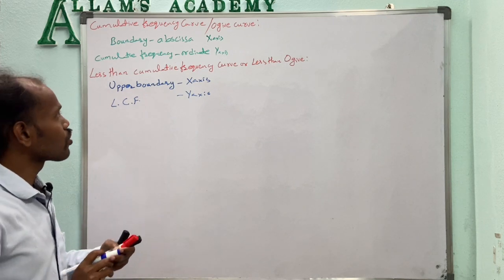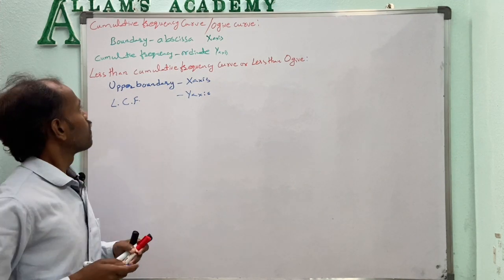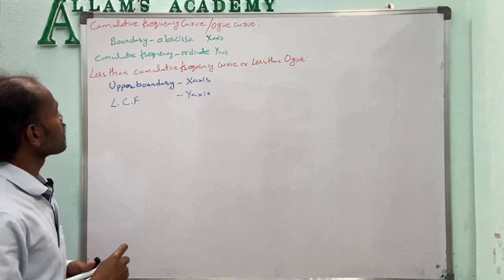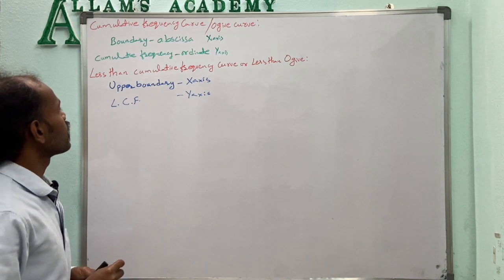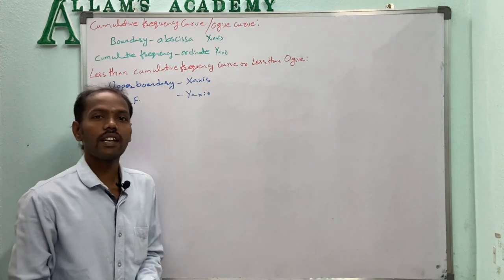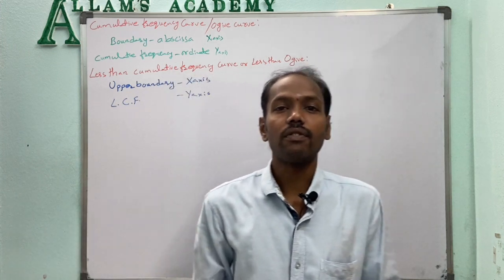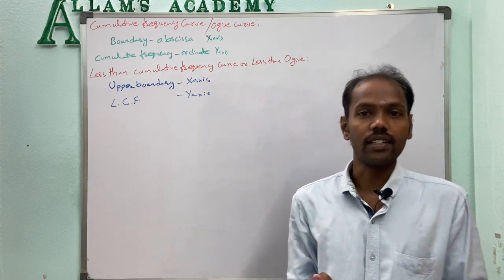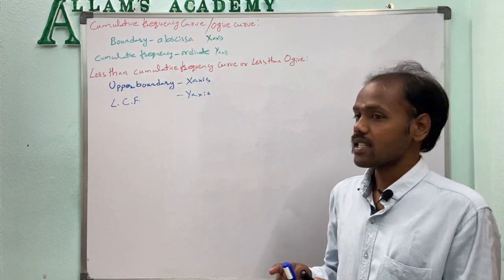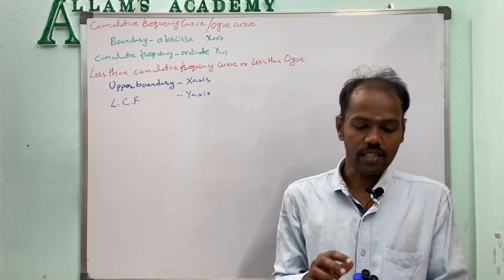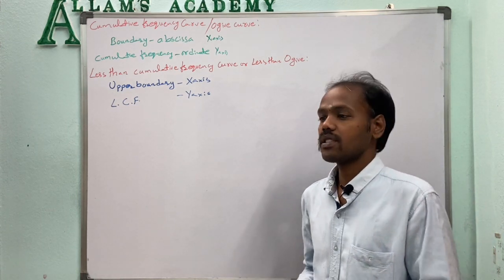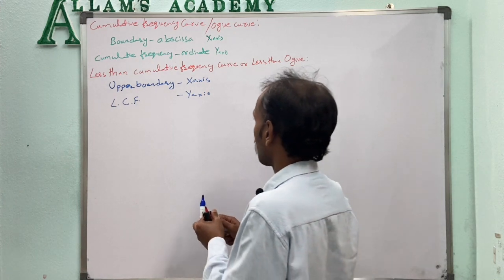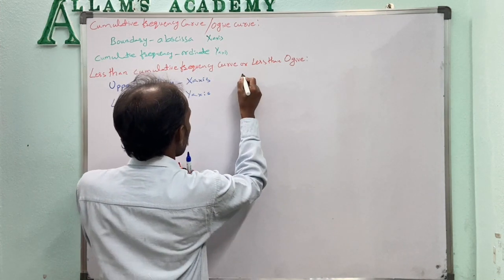So these upper boundaries on the x-axis and their corresponding less than cumulative frequencies on the y-axis are taken and drawn, then we get the less than cumulative frequency curve. If we observe that graph, on the x-axis we take the upper boundaries, and on the y-axis the less than cumulative frequency.